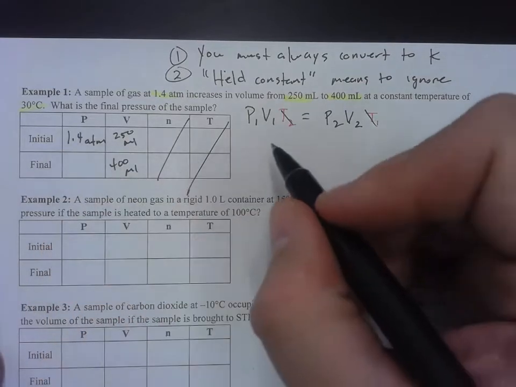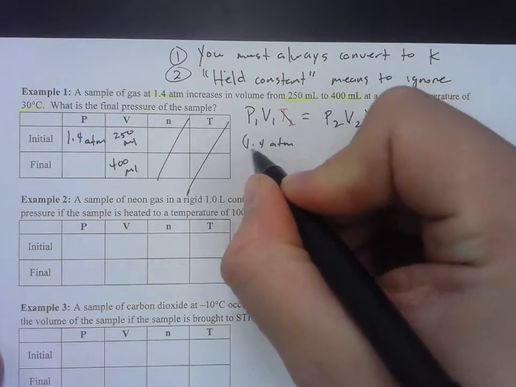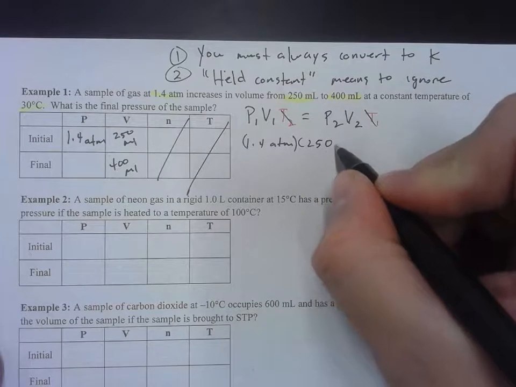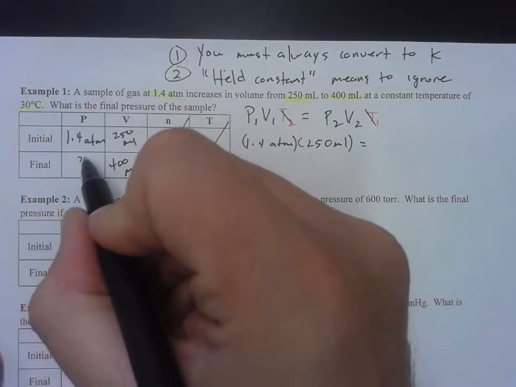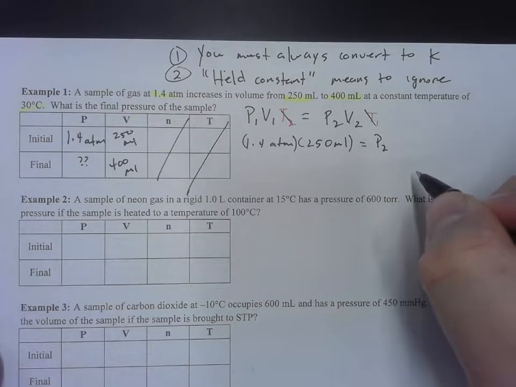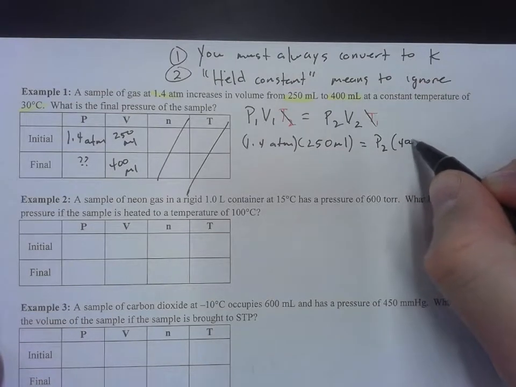So for P1, we write 1.4 atm times volume 1, which is 250 mils, equals P2, which we don't know as of right now. So we just write P2 times V2, which is 400 mils.